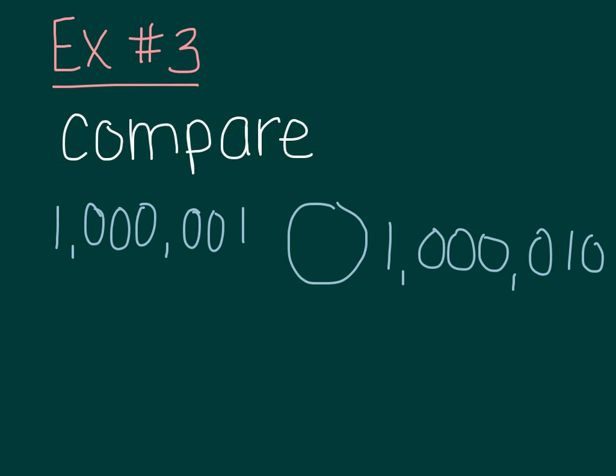Example 3 is just like example 1. This one's a little trickier just because the numbers look very similar. So to make it easier, I will line them up. So there's my first number. And now I'm going to write my second number right below it.